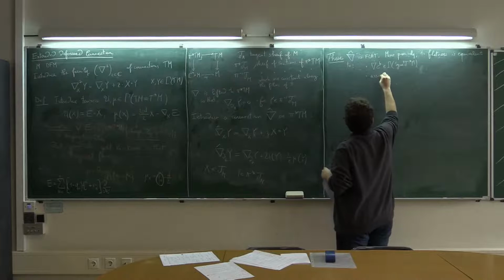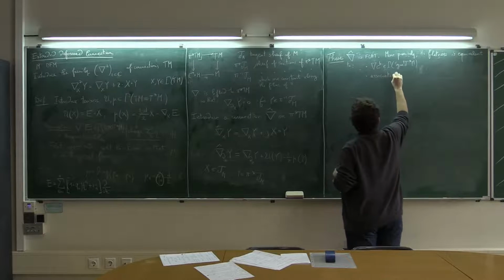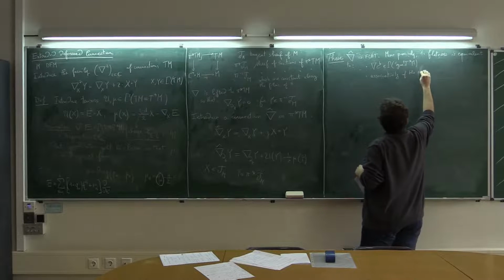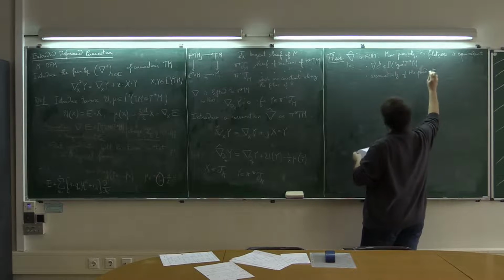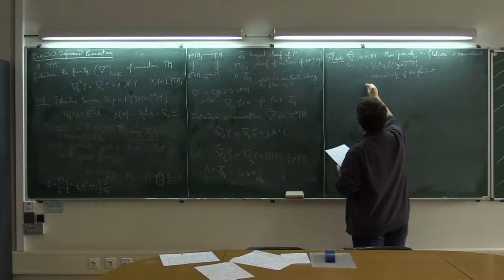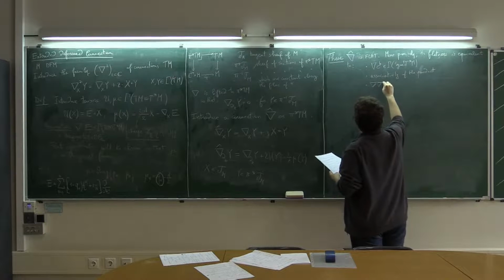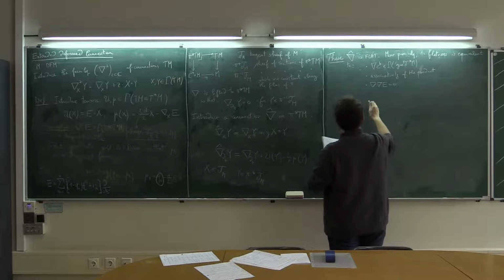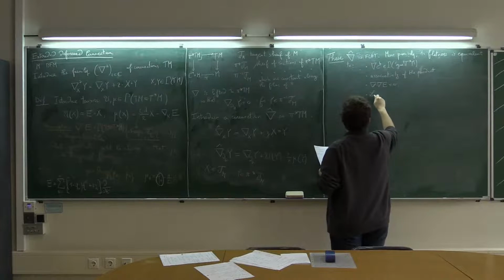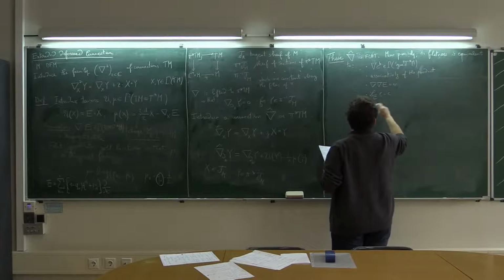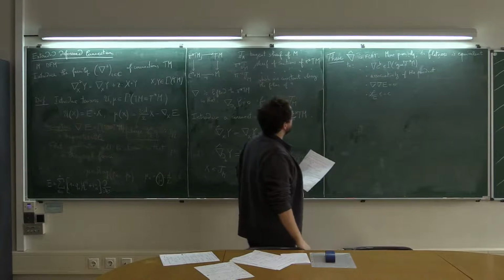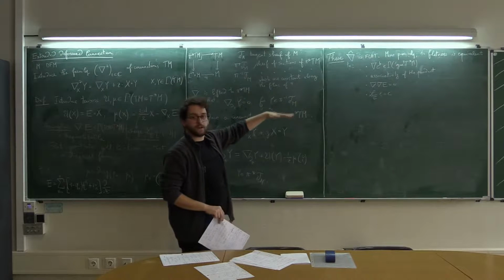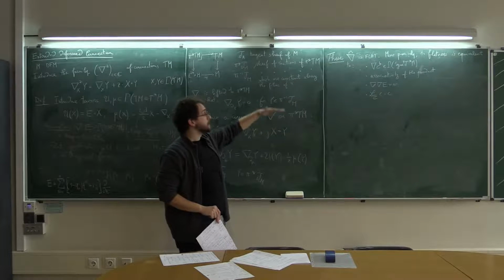Associativity of the product, the condition nabla of E equals 0, and the condition Lie derivative of C along E equals C. So as you can see, all these conditions are natural conditions.